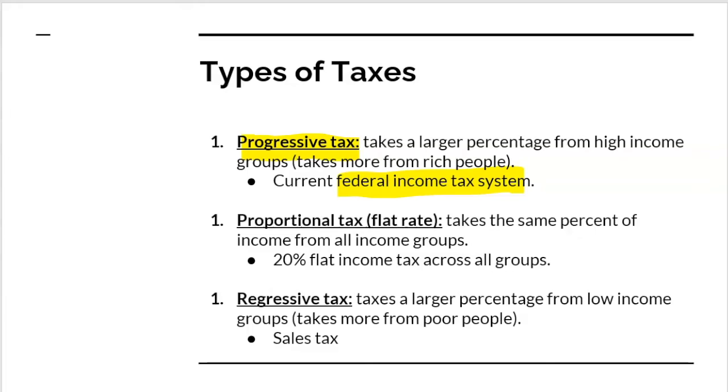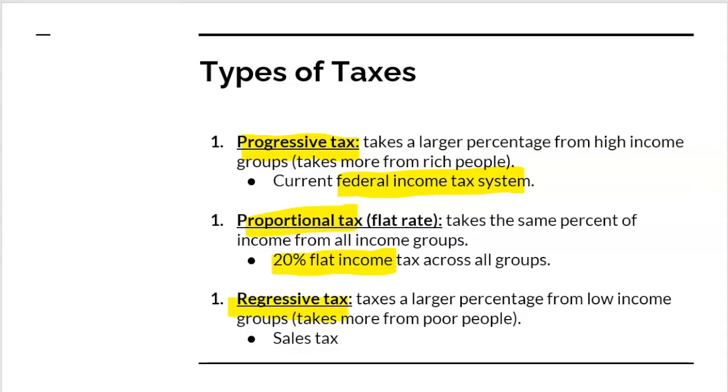If you make more money, you pay a higher percentage of taxes than those below you, the poor people. Next is a proportional tax. It takes the same percentage of income from all income groups. So if our tax system was we're going to take a 20% flat income tax across all groups, that is a proportional tax.